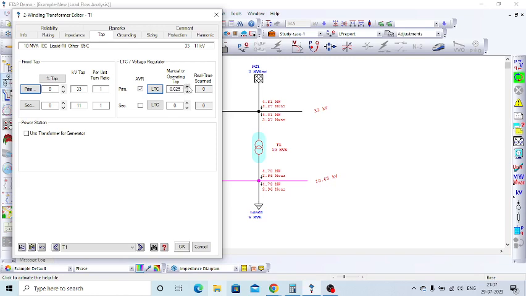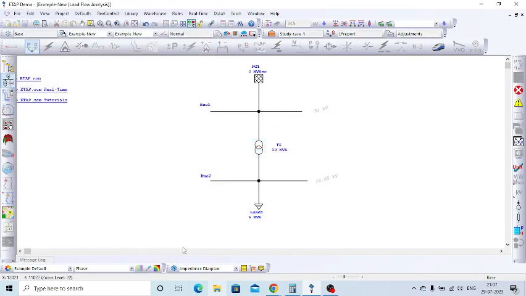So I am just clicking the positive upper arrow, which means I changed the transformer tap from nominal position to the first position. So that tap is 0.625. Like that we have to do it. I just changed the tap position.